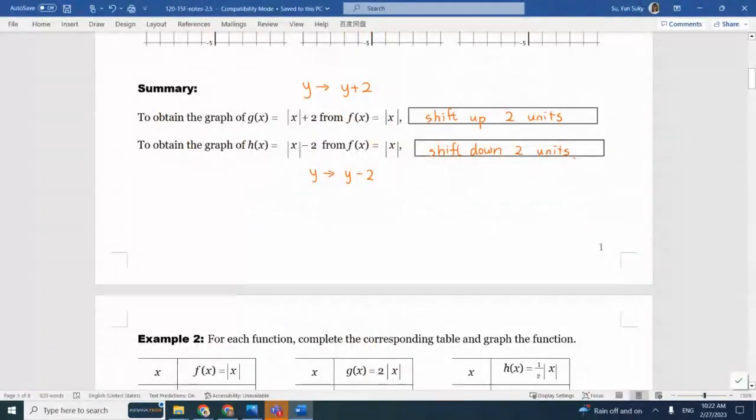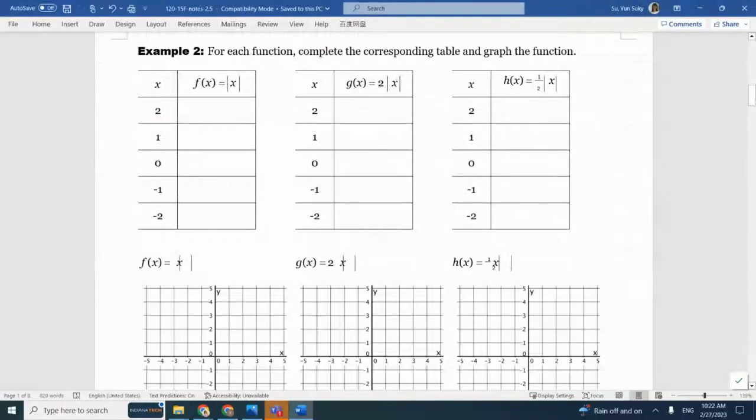Okay, so that is the vertical shift up or down. Continue. For each function, complete the corresponding table and graph the function. We already get the graph of absolute value of x. So it's 2, 1, 0, 1, 2, right? And it was like a V shape.